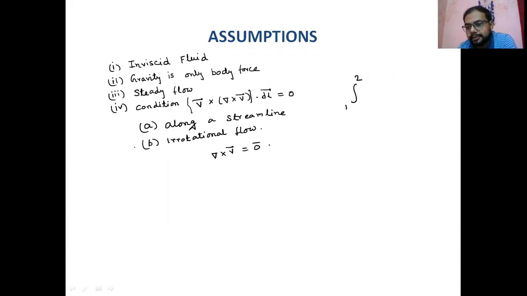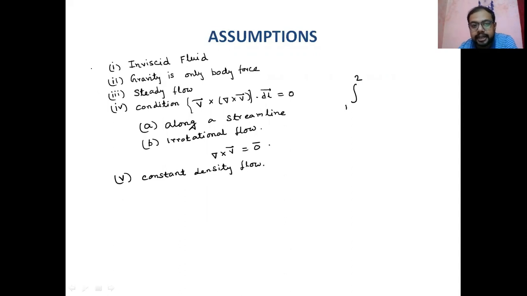That is the fourth assumption. And the fifth one is constant density flow. So density is not changing with the cross section or any other parameter.